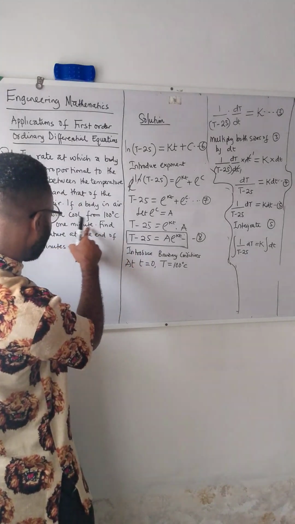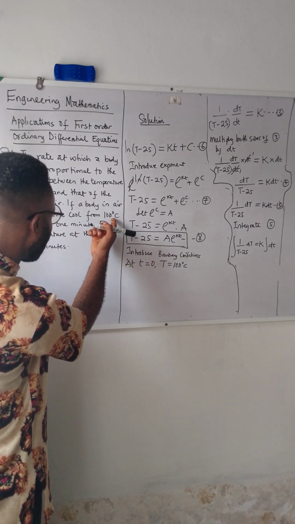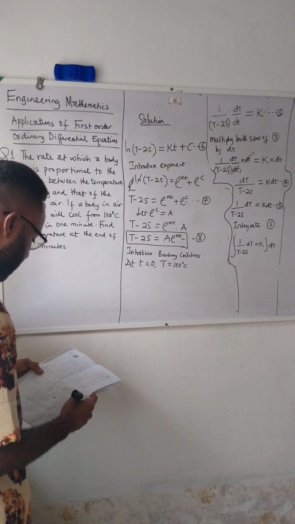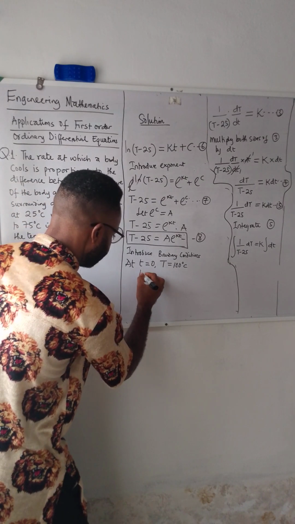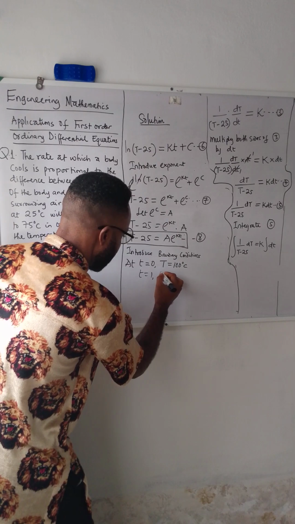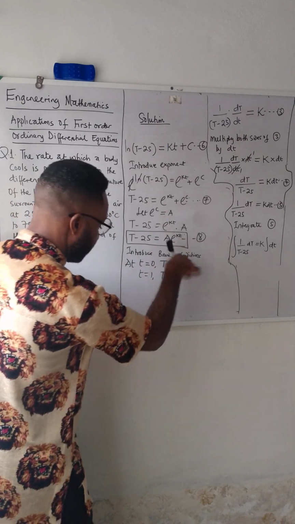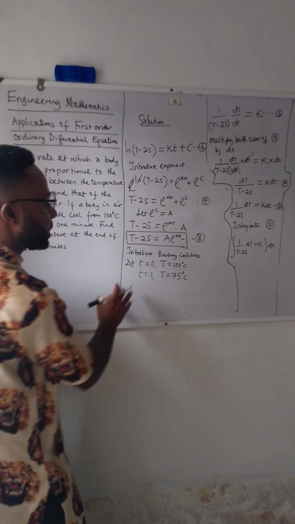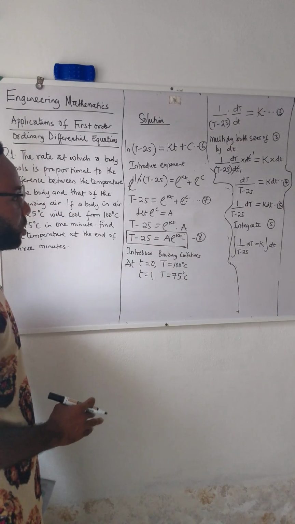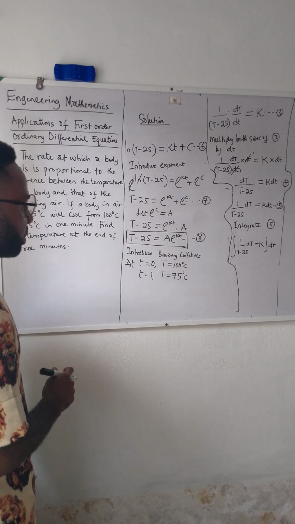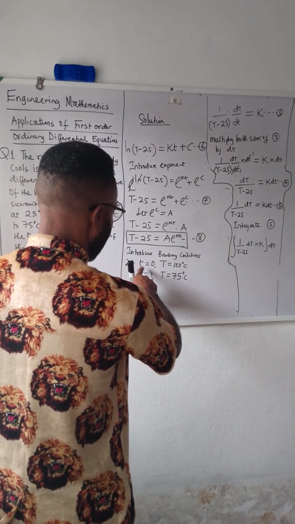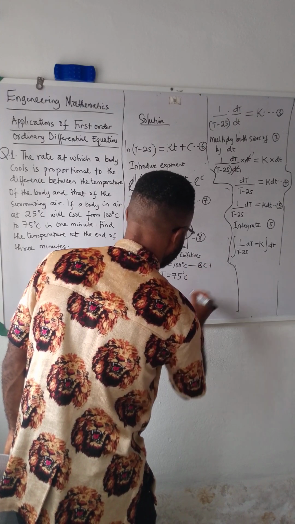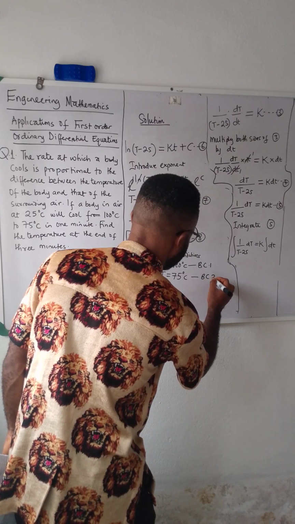But at t equal to 1 minute, we are told that the body cooled from 100 degrees Celsius to 75 degrees Celsius. So at t equal to 1 minute, the temperature of the body will be 75 degrees. These are our boundary conditions that we are going to consider while solving this problem. Let's call this boundary condition 1, and this boundary condition 2.